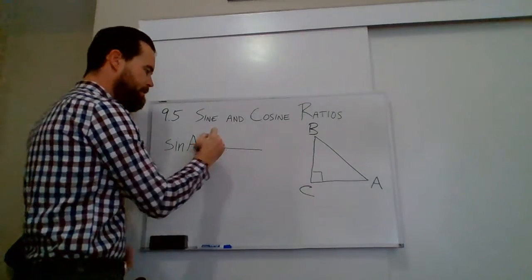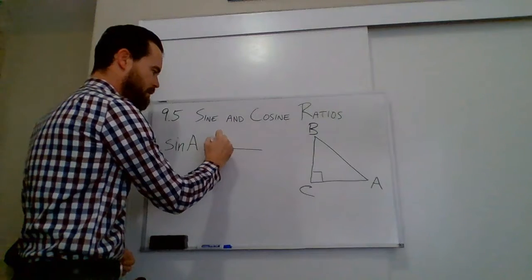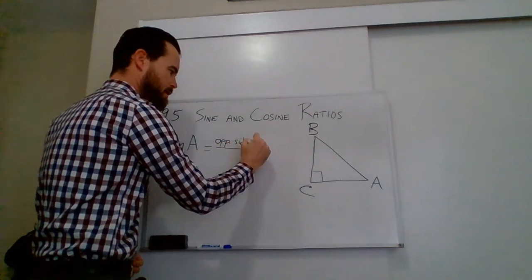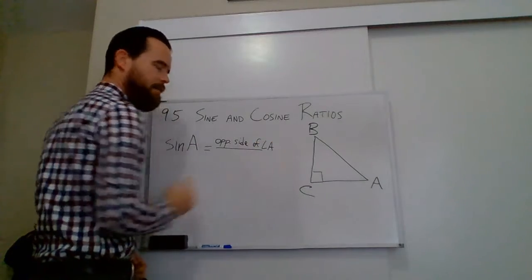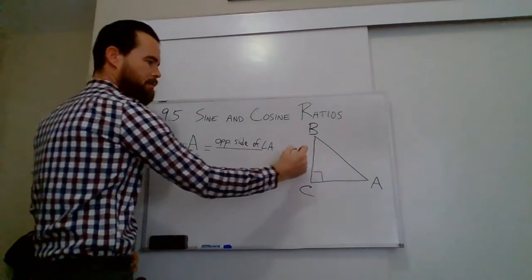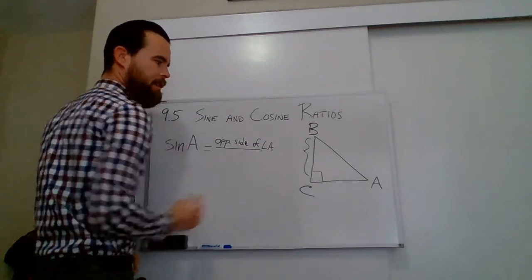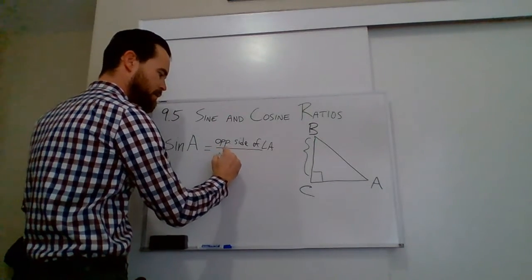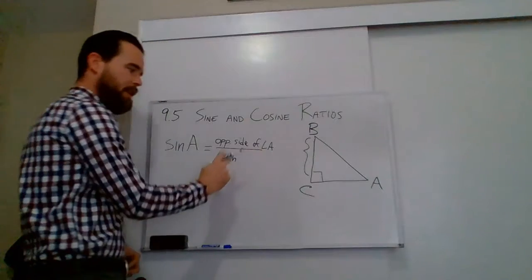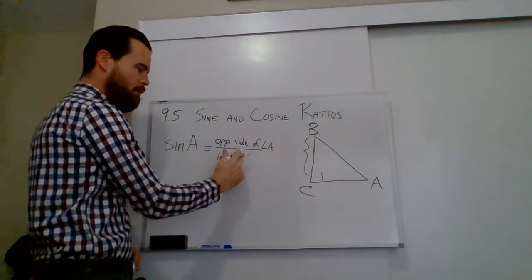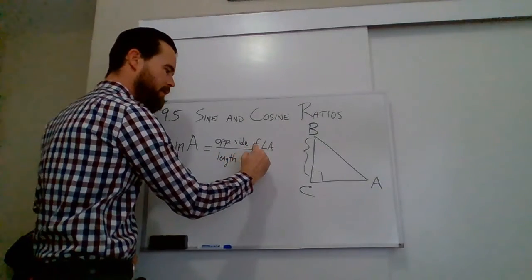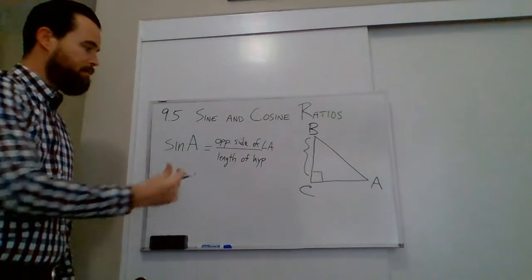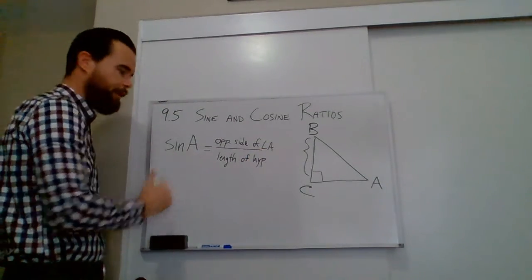And sine is the opposite side of angle A, which is this one here, over the hypotenuse. So the opposite side length of angle A over the length of the hypotenuse. And that's our sine trig ratio.